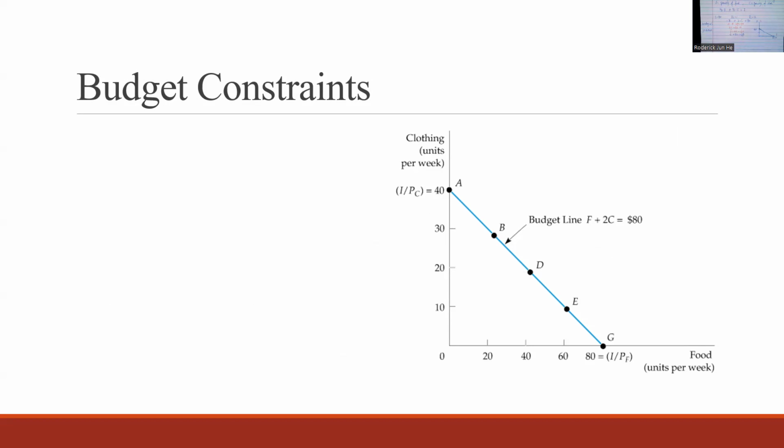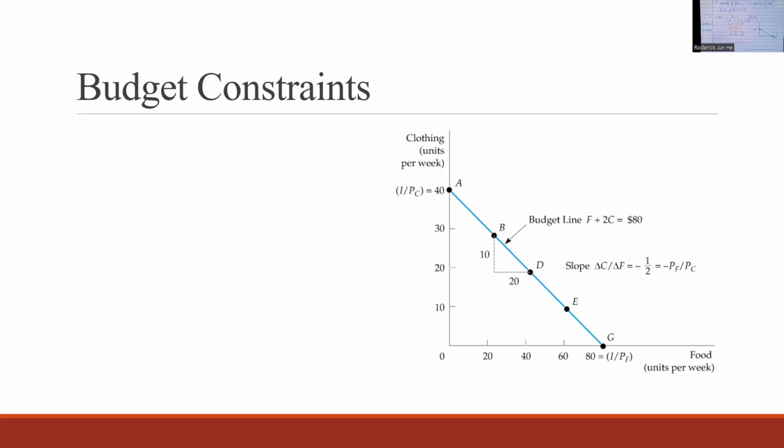That's point 1. And point 2, the slope of this curve, which is minus half, is exactly the price ratio, noting that PF equals 1 and PC equals 2, the price ratio between the two. It's negative because we cannot increase our purchase in both at the same time.